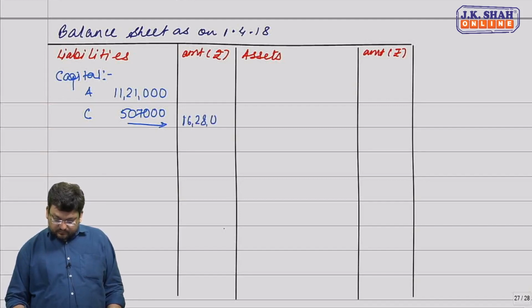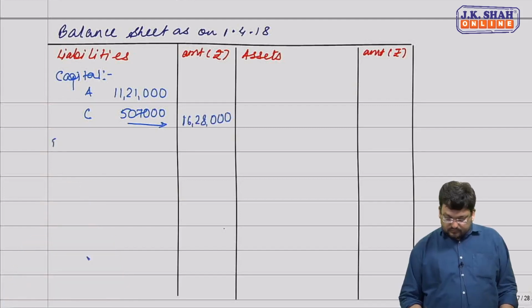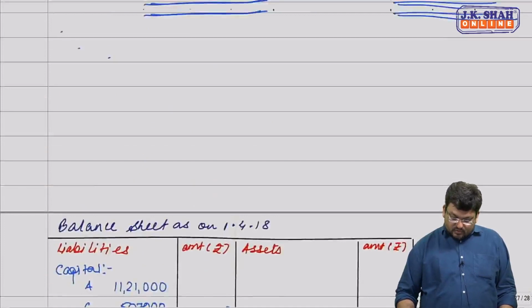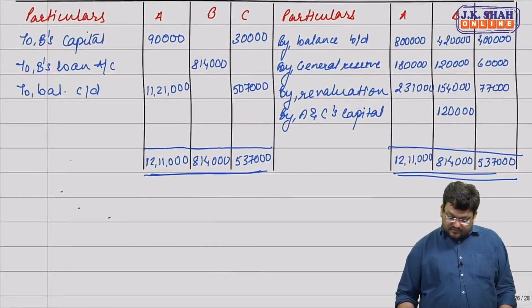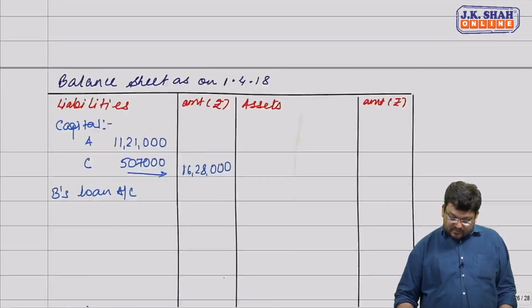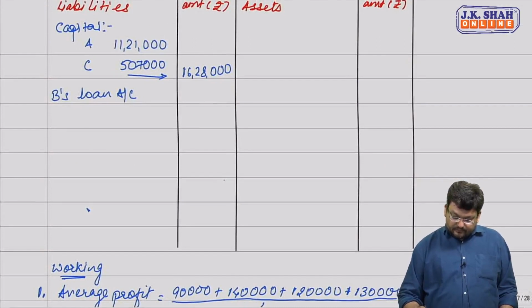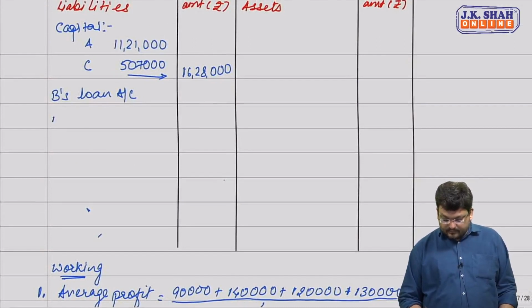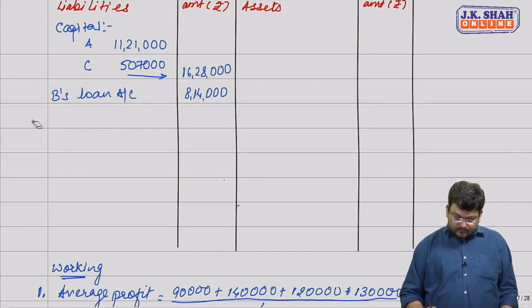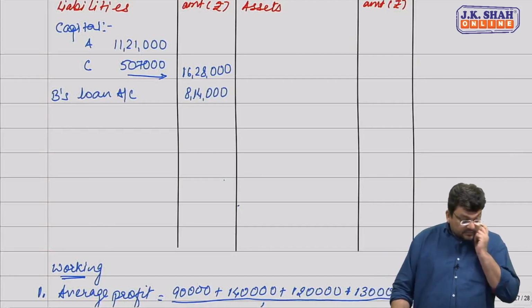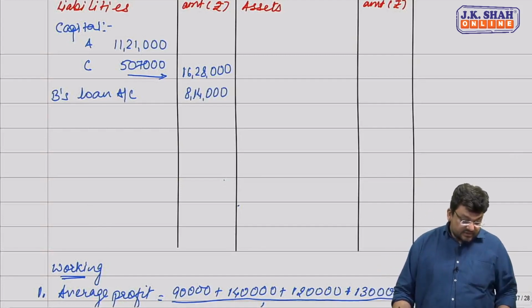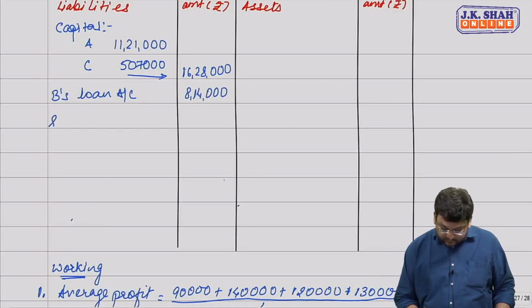Total 16,28,000. Similarly, B's loan account is showing balance of 8,14,000, sir. Then sundry creditors, they are unchanged, 3,70,000.